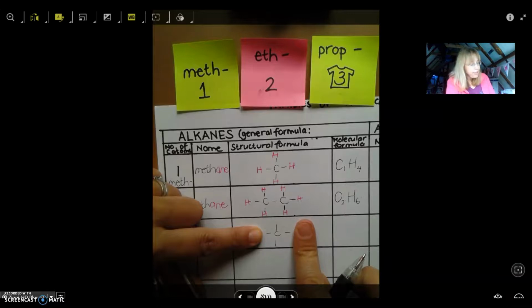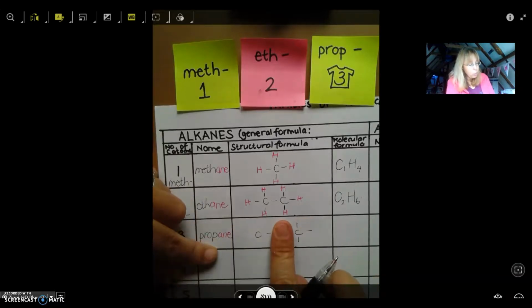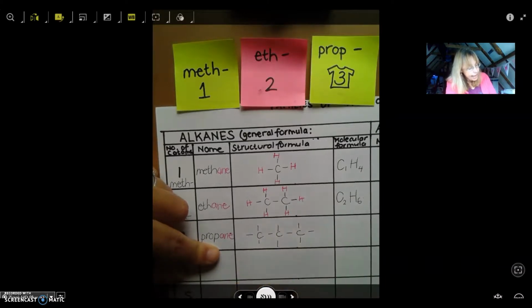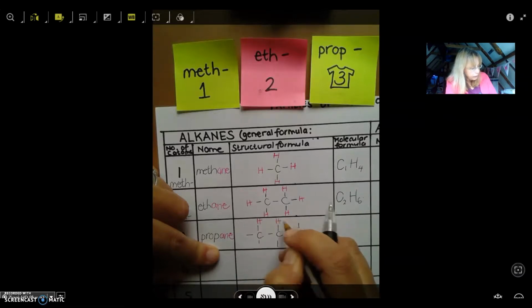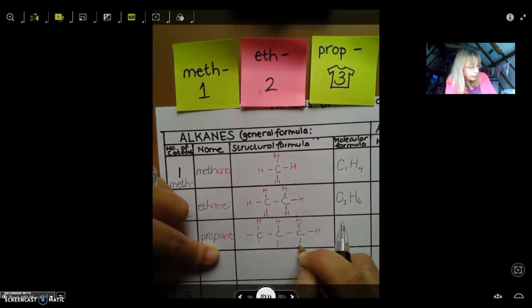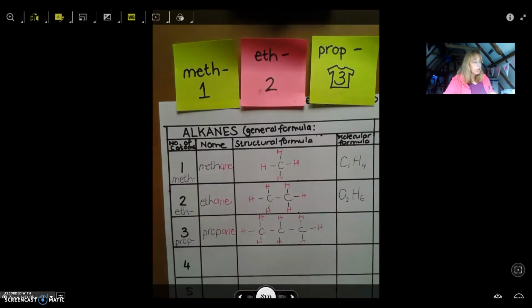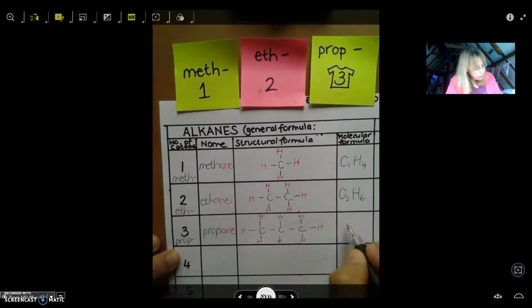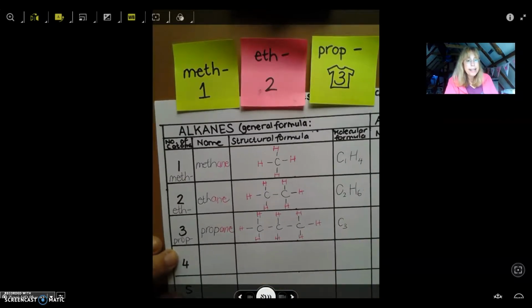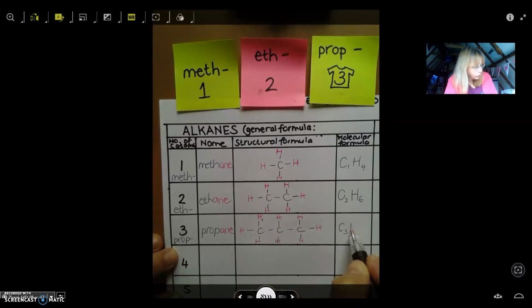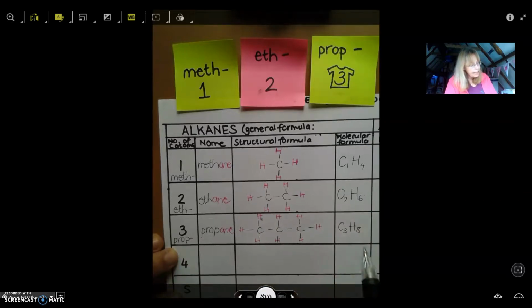And then the next carbon atom has got 1 bond already, so I add on 2, 3 and 4. And I then, with my capital letters of course, draw in my hydrogen atoms. So this time I have 3 carbon atoms, and just so that you don't make a silly mistake, just count from one spot all the time: 1, 2, 3, 4, 5, 6, 7, 8. H8. So the molecular formula for propane is C3H8.